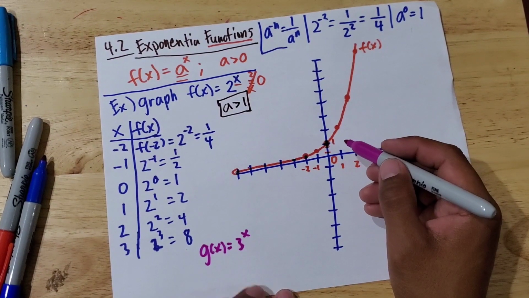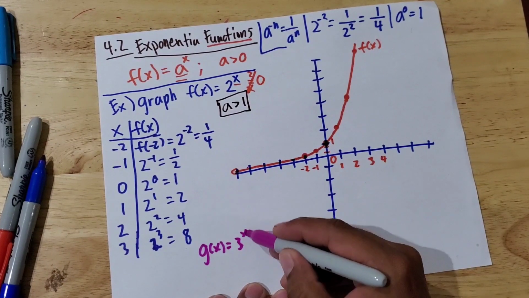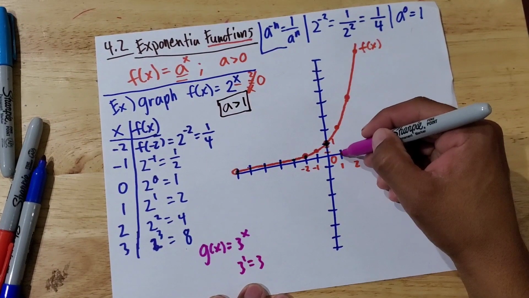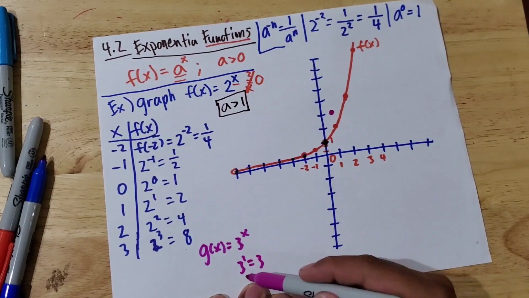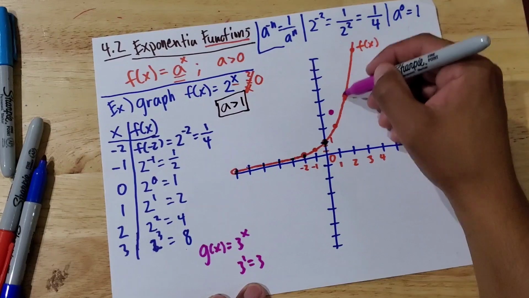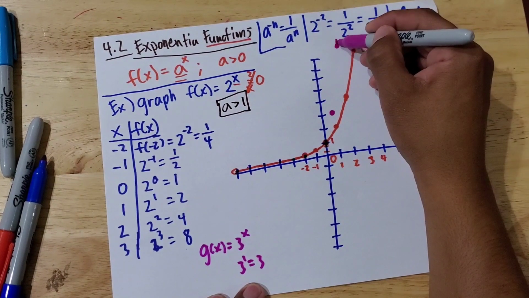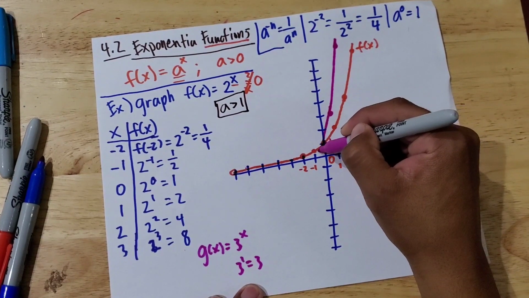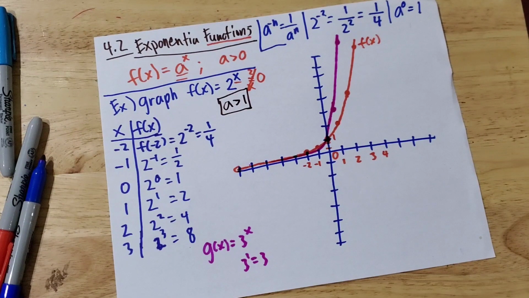But then at 1, if you plug in 1 into that x, it's going to be 3. So this one, instead of being at 2, it's going to be at 3. If you put a 2, that's actually going to be 3 squared, which is 9. So that's going to jump up here.